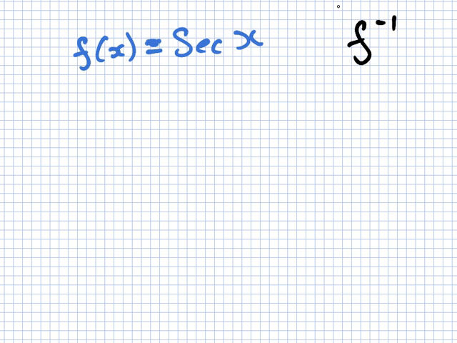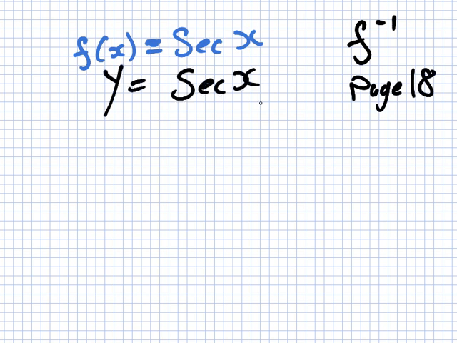So that's what I need to do here, page 18. Do it again. So here we have y equals sec x. So that means sec inverse y equals x. I forget what the question is. Oh, it's to find the inverse, is it?